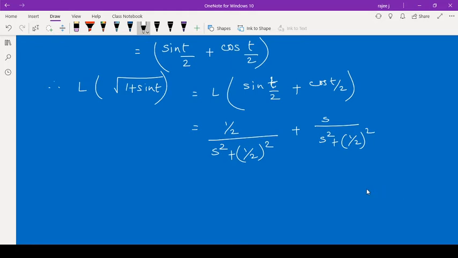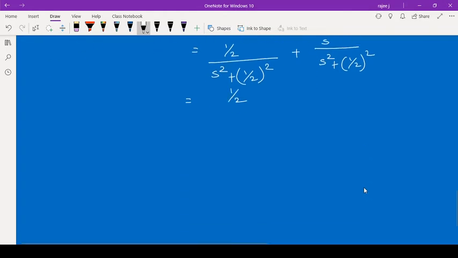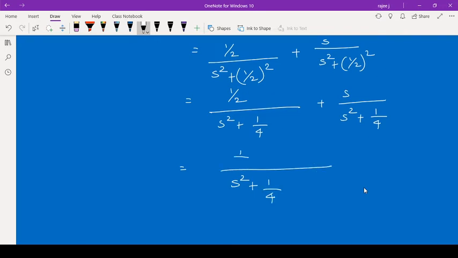Then that is equal to, just simplify a little bit, 1 by 2 upon s square plus 1 by 4, plus s upon s square plus 1 by 4 again. So that is equal to s square plus 1 by 4 as the common denominator, upon the numerator 1 by 2 plus s. On that day we did it.